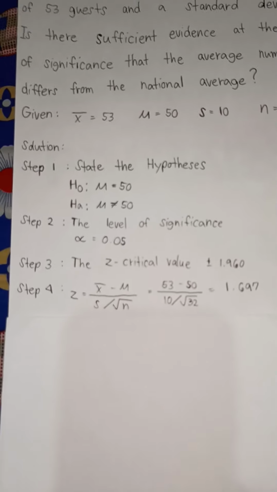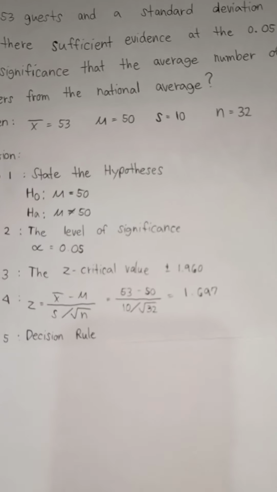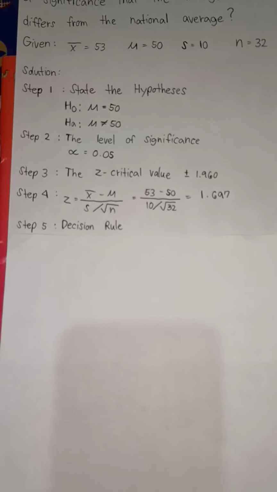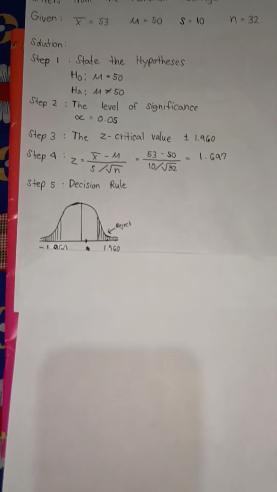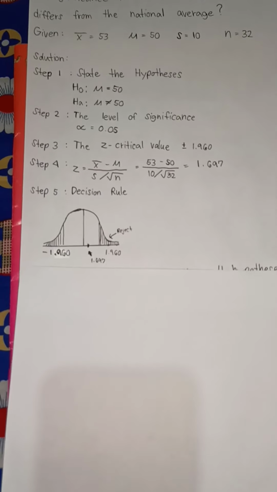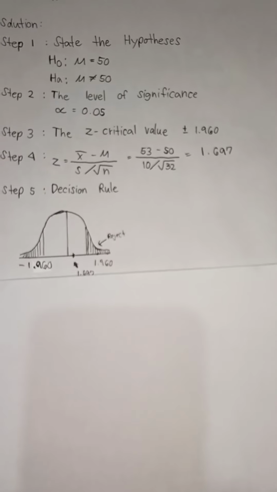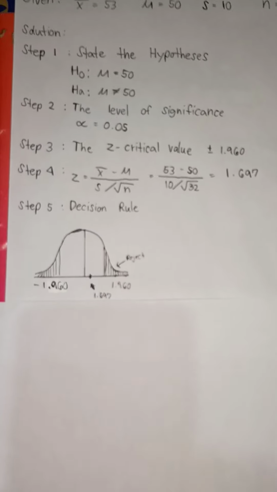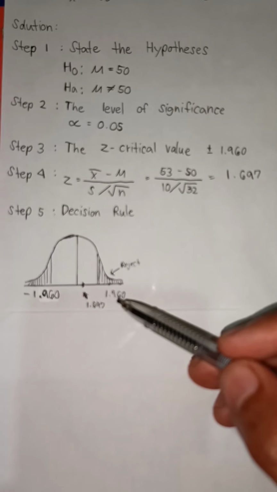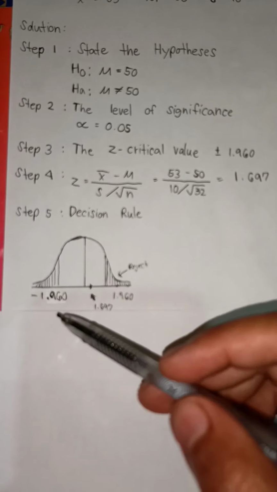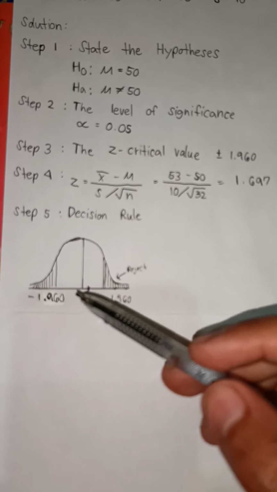Next is step 5, the decision rule. Then we will put our critical value here on the side, 1.960, and on the other side, negative 1.960.